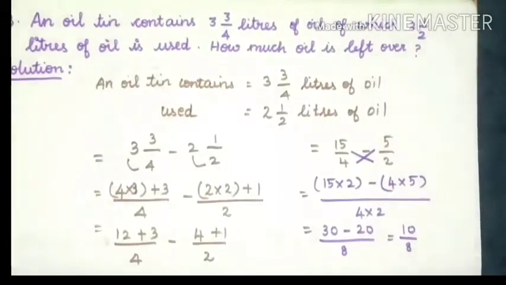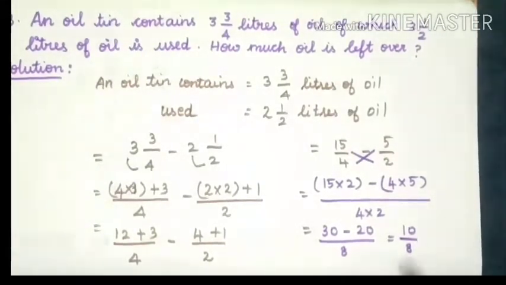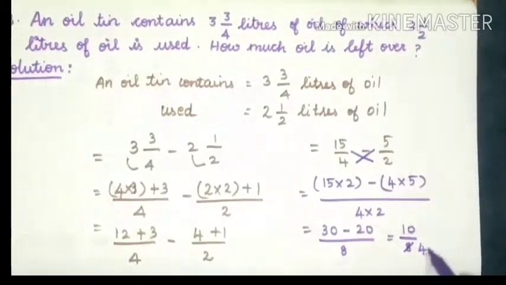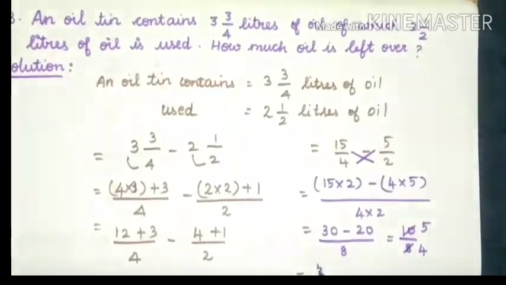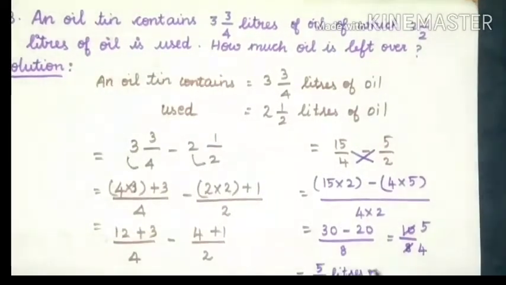We can cancel this fraction by the 2 table. 2 4s are 8, 2 5s are 10. So, 5 by 4 liters of oil left over.